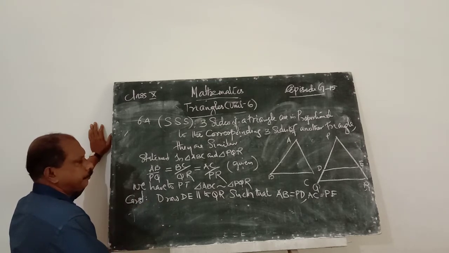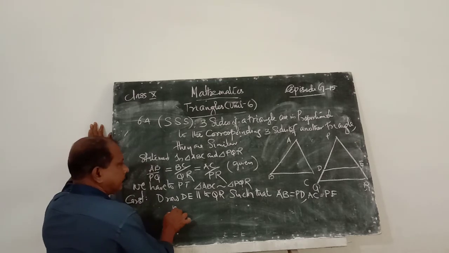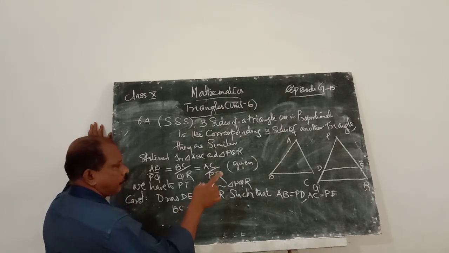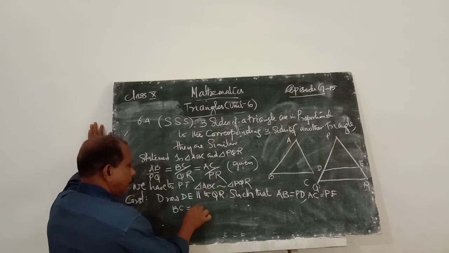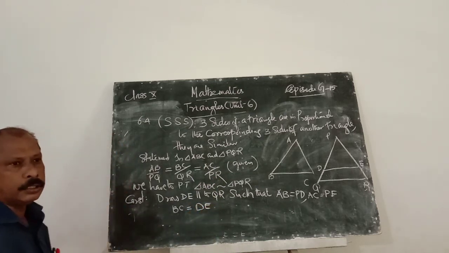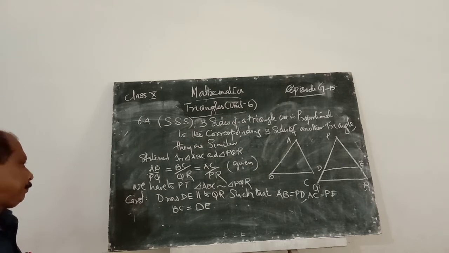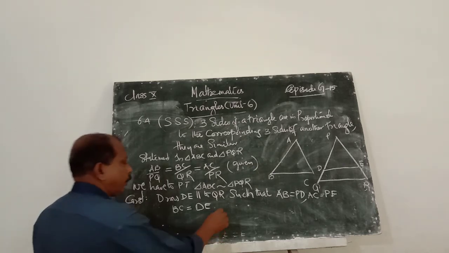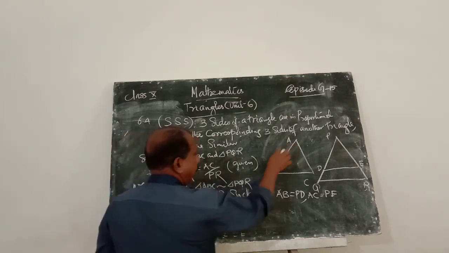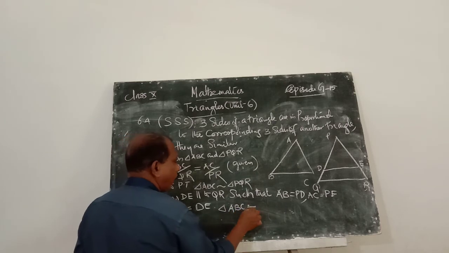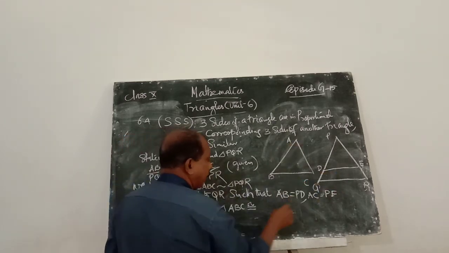Therefore, BC is equal to DE. That means three sides are equal. Therefore, triangle ABC is congruent to triangle PDE.